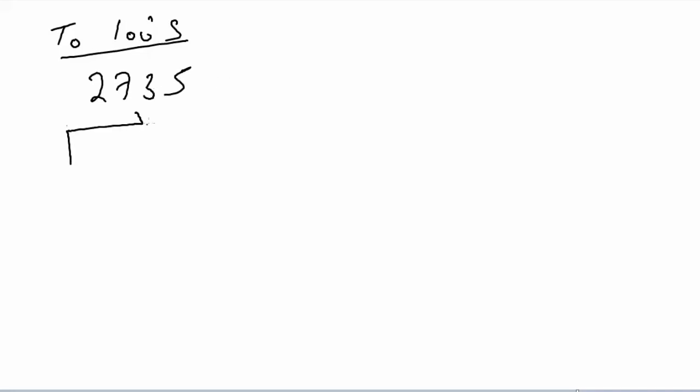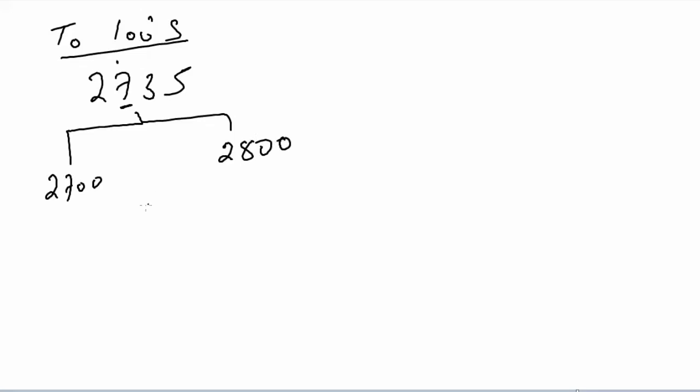For the hundreds position you will have to consider the digit in the hundreds place rather than the numbers in the tens and ones. The number 2735 lies between 2700 and 2800. You might see that I have completely ignored the number 35 and I am only concentrating on the hundreds place and the position in which they are lying.